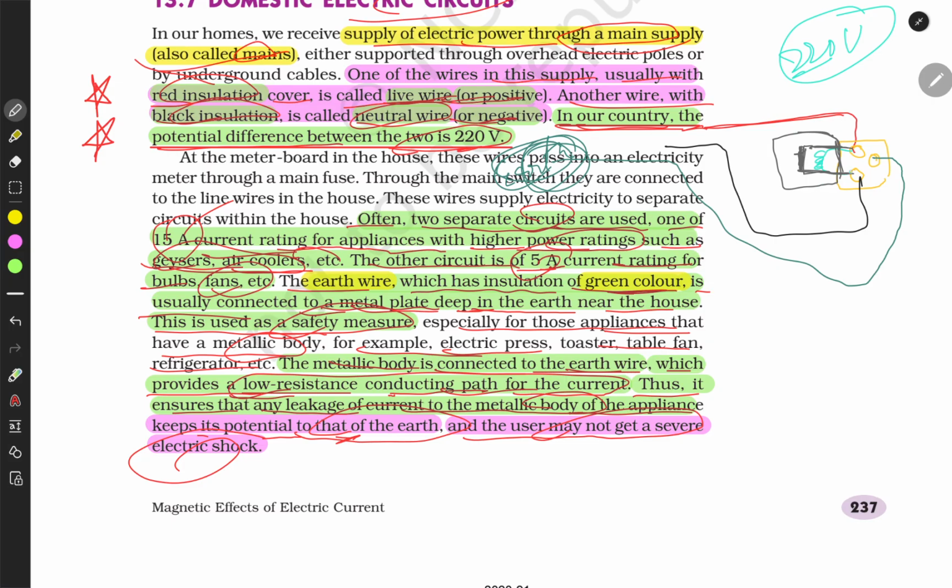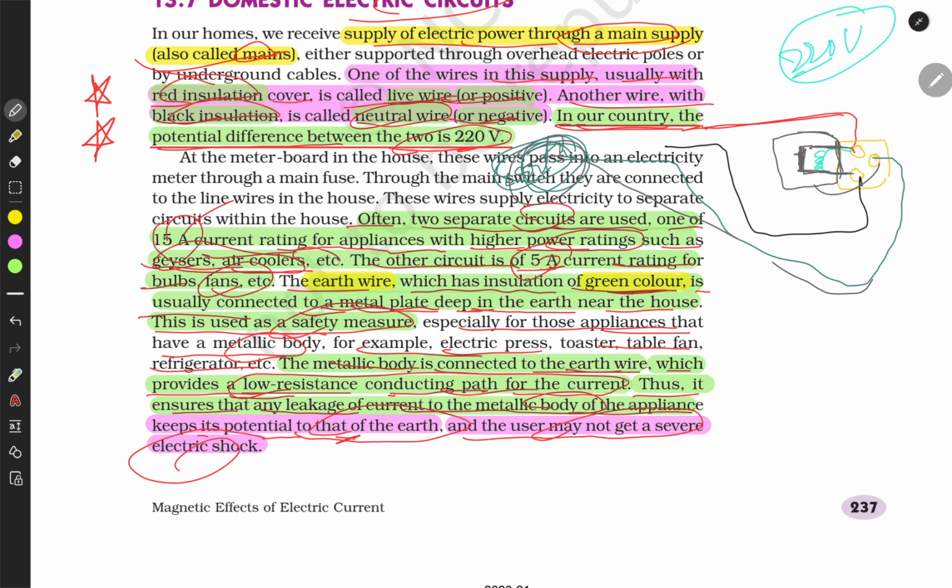So to make it safe, we have connected the outer metallic body with another wire which is called the earthing wire here, and it is made of a low resistive metal, so it will easily flow the excess current which is coming in the metallic body to the earth.